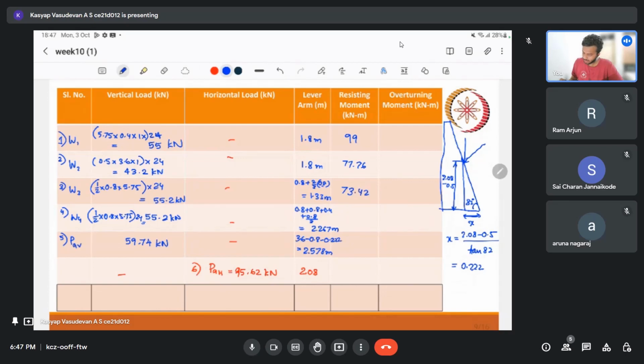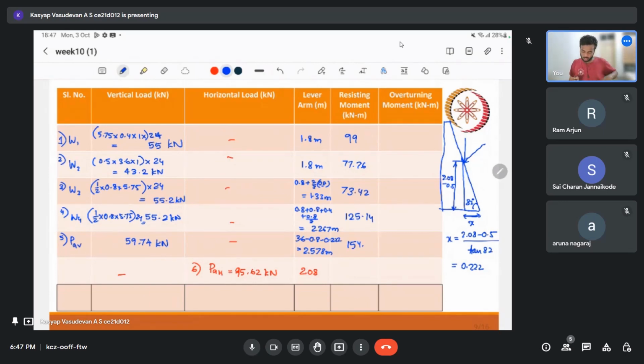Fourth one is 55.2 into 2.27, that is 125.14. And the last fifth one is 59.74 into 2.57, that is 154.